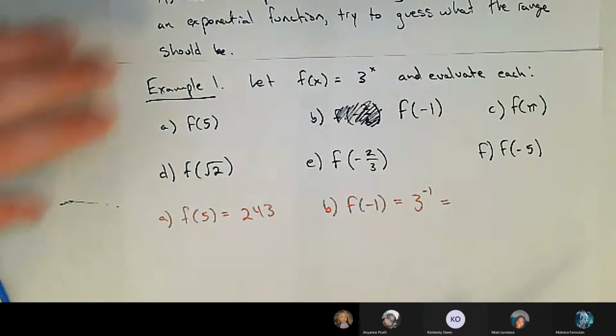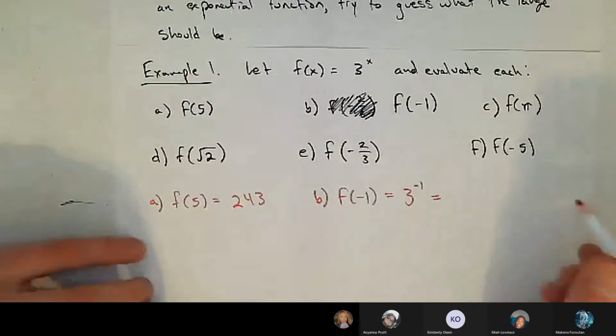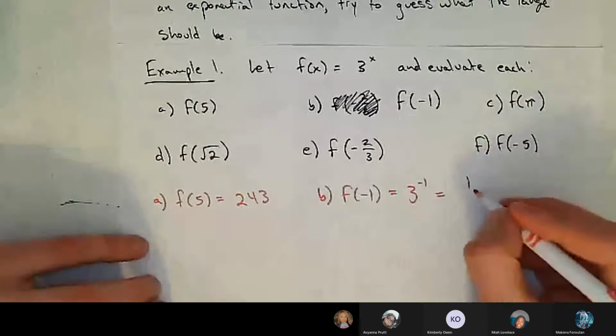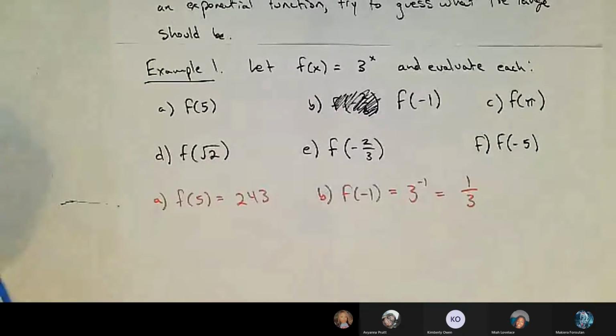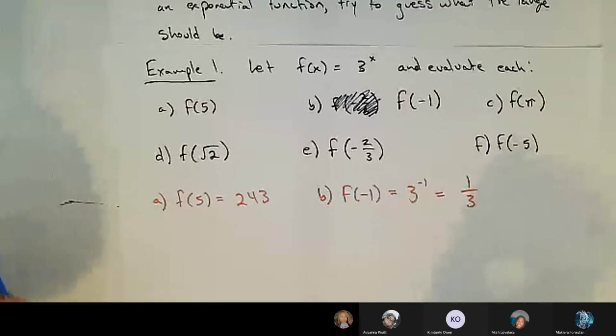Tells me to take the reciprocal of it, the multiplicative inverse. So this is 1 over 3. Okay, so an input of a negative value into my function still outputted a positive. I gave it a negative and it gave me a positive. Let's just keep that in mind.